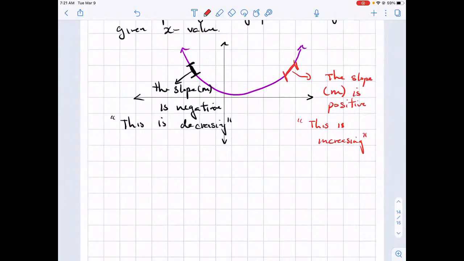So a graph can be made up of increasing, decreasing, or many different parts. We can have a graph that has constants.